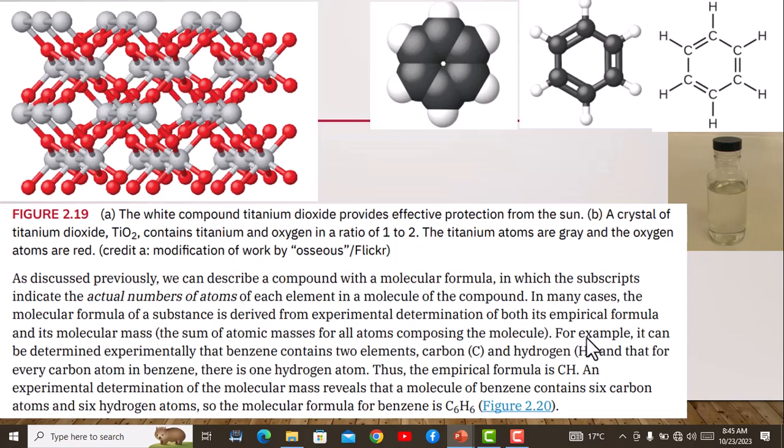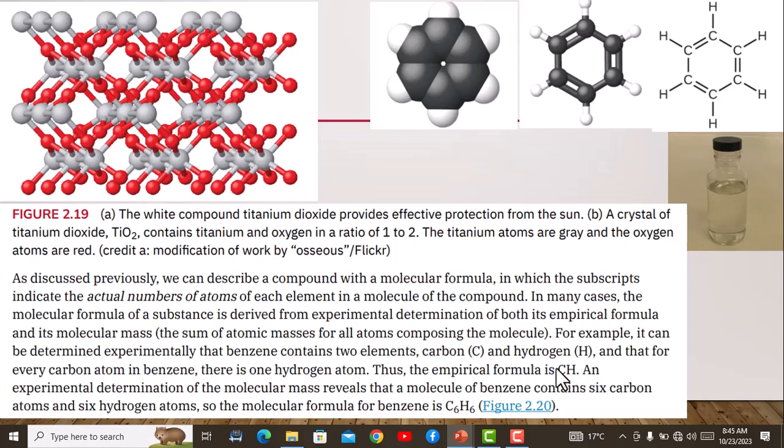They just say, for example, it can be determined experimentally that benzene contains 2 elements, carbon and hydrogen, and that for every carbon atom in benzene there's 1 hydrogen atom. You can see that here. It has a maximum of 4 bonds, 1, 2, 3 and 4, because carbon has a valency of 4, so it can form 4 bonds. And thus the empirical formula is CH.